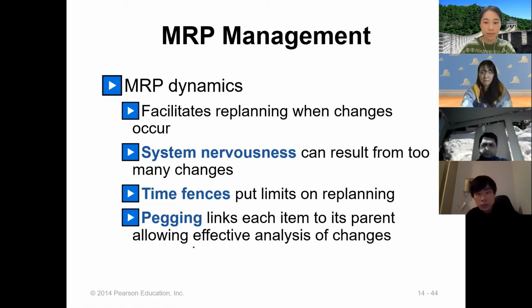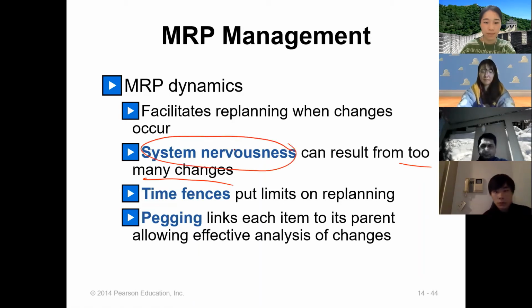Sometimes things change, and if you change too many, in MRP terminology it is called system nervousness. It's very difficult to keep on changing the planning. You cannot keep on changing the quantity. At the end of the day, you cannot implement or run the production.